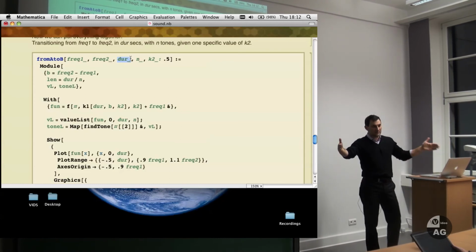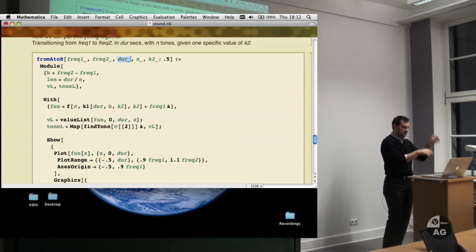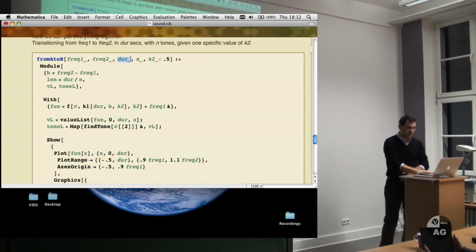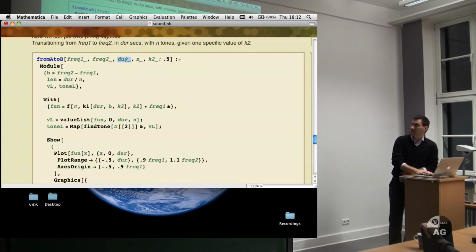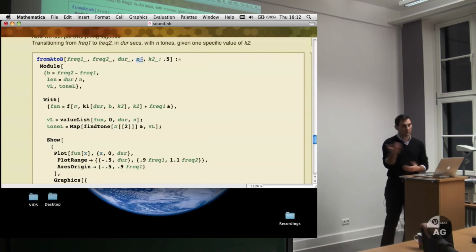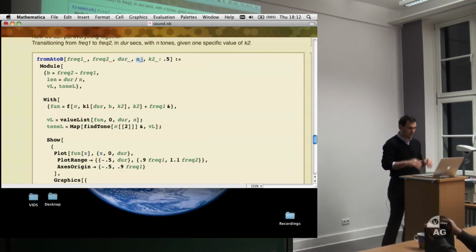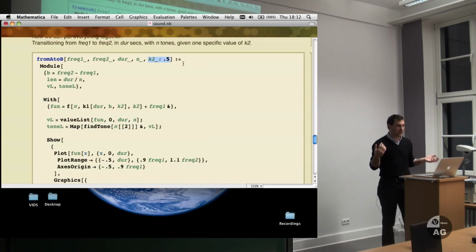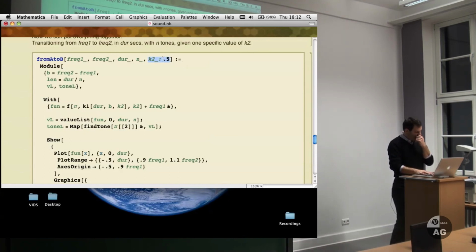If you have 10 seconds and you divide it in 10 parts, it means that he plays a key, then waits 1 second, then another, then another. So duration actually makes a difference. And notes, tones, is how many tones you want in between. And this is our parameter, our K2 parameter that he can play with. And if he doesn't specify it, we set it to 2.5.